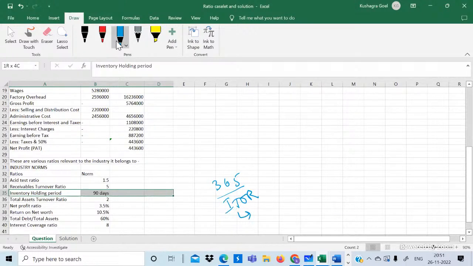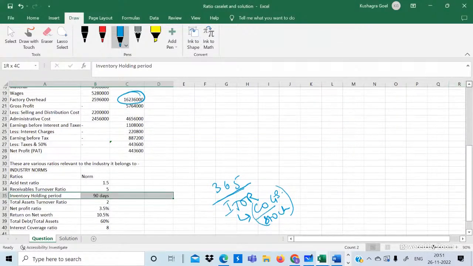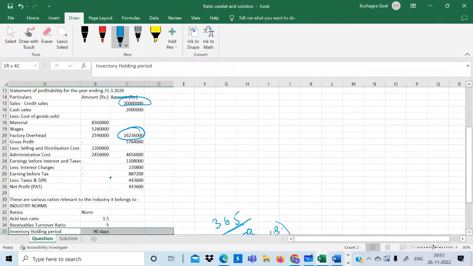And how do you calculate inventory turnover ratio? Inventory turnover ratio is nothing but COGS upon inventory or stock. So 365 in the numerator, divided by COGS and stock. Let's look at COGS. Where is my COGS? COGS is given here. So this is my COGS, 1,62,36,000.